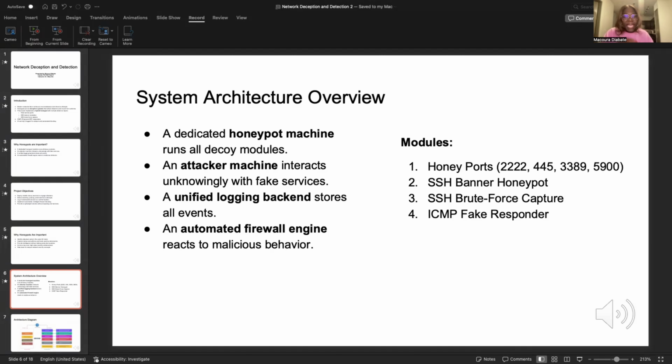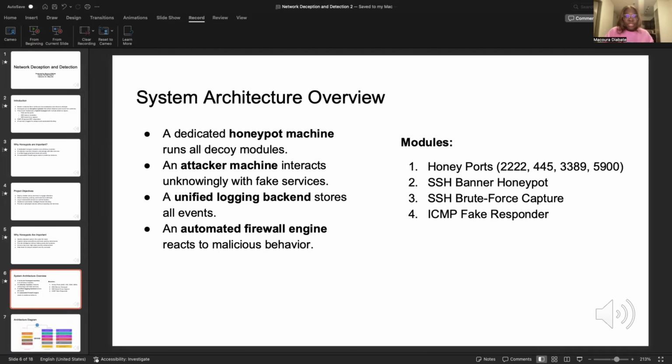So this architecture consists of two key components, an attacker and the honeypot machine. The honeypot exposes several fake services that resemble a real system.